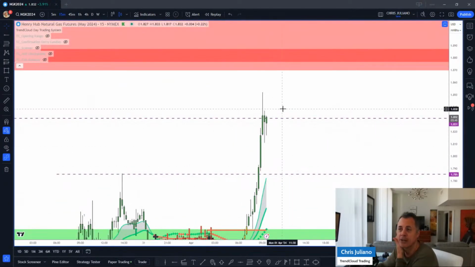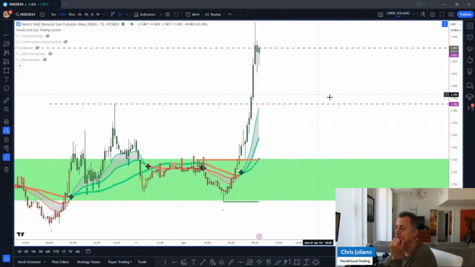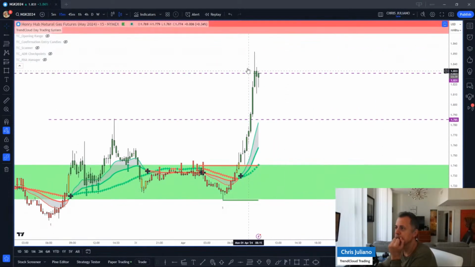There you go, right in there. But when it gets up here, trend and momentum will be against you, right? So if this pulls back into TrendCloud, or it pulls back to retest here, let's box this out.